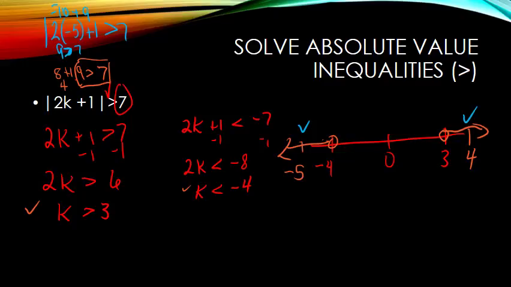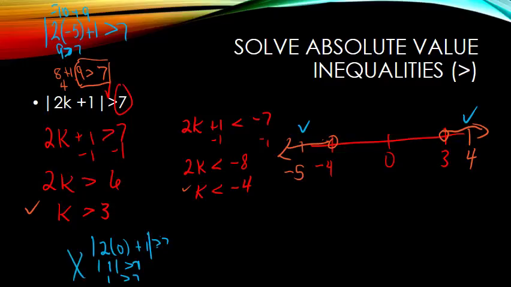That checks. What if we pick 0? Let's pick a point that's not in our set, not in the union of our set. So let's put in 0 for k. So we got the absolute value of 2 times 0 plus 1 greater than 7. Well, 2 times 0 is 0. So then we'd have the absolute value of 1 is greater than 7, or 1 being greater than 7.